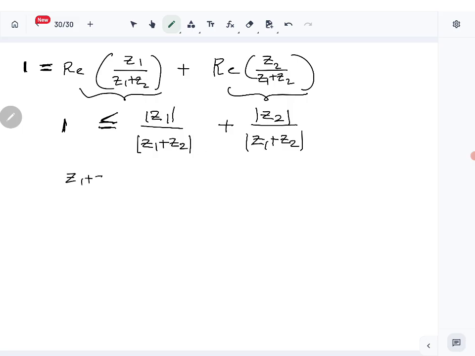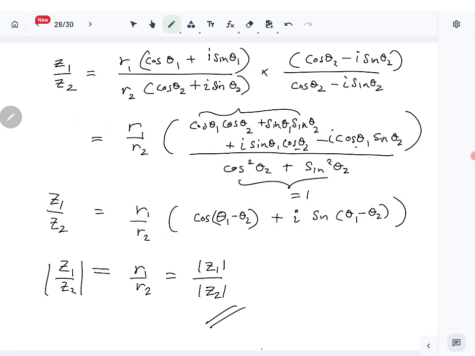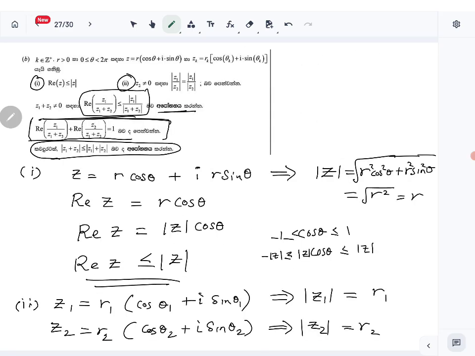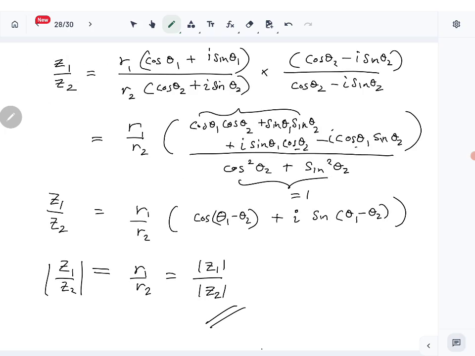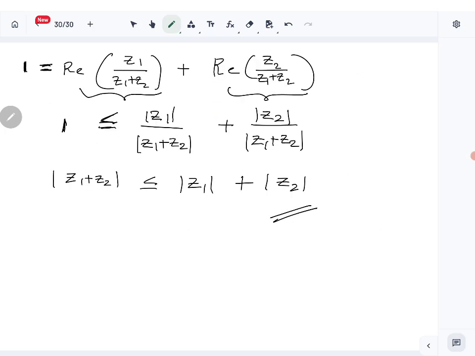So then you get the result. Modulus of Z1 plus Z2 is less than or equal to modulus of Z1 plus modulus of Z2. Right. So part B was just theory. This you learn when you study complex numbers. Okay. So next we'll look at part C of the question.